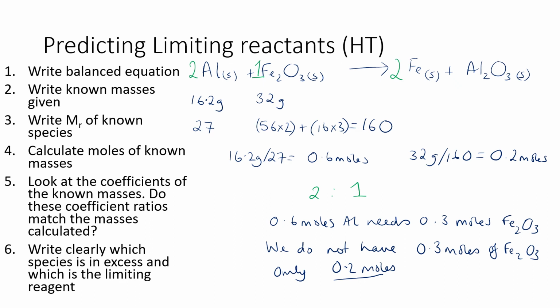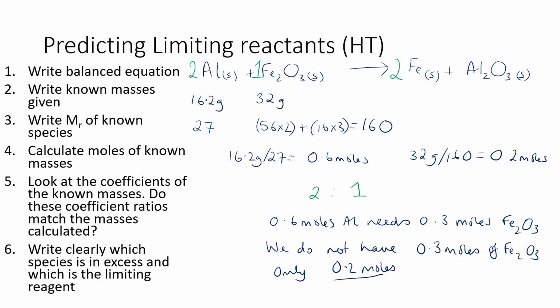And when I look at what I've actually calculated, basically I've got 0.6 moles of aluminium. So therefore, if it's a 2-to-1 ratio, I would need a minimum of 0.3 moles of iron 3 oxide for the reaction to occur in its entirety.